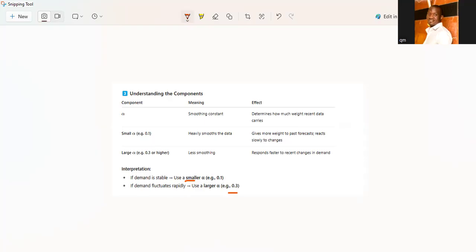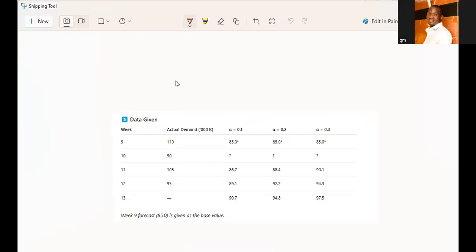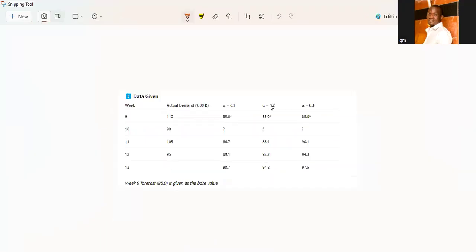All right, so we go to our table here where we are asked to predict the given missing data. We will need to use those formulas to predict the missing figures. We are given alpha 0.1, 0.2, 0.3, then the data that is there.